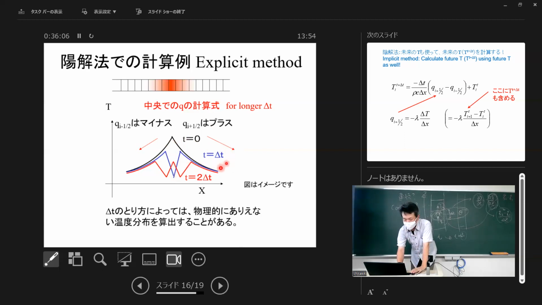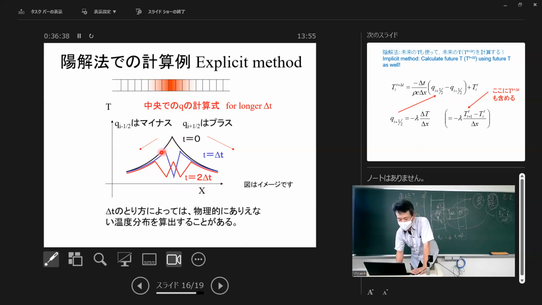So first time step, this will be calculated like this, because this box and the neighboring box calculate much more severe, much higher thermal transfer with the Fourier equation. Then the continuity equation shows that this point will be cooled rapidly.